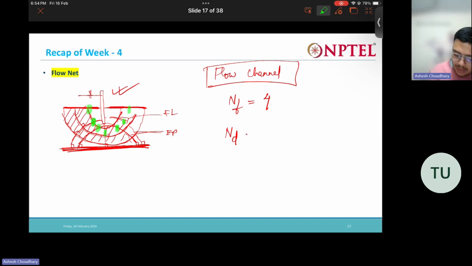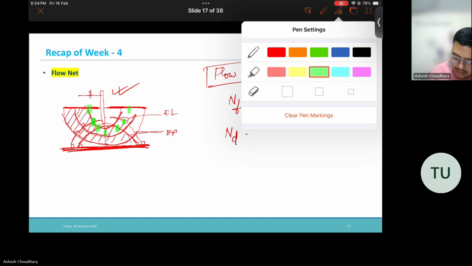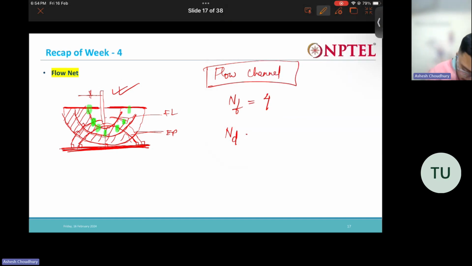While traversing across this flow line, from here to here is one drop, again from here to here, one more. So second drop, third, fourth, fifth, and sixth drop.